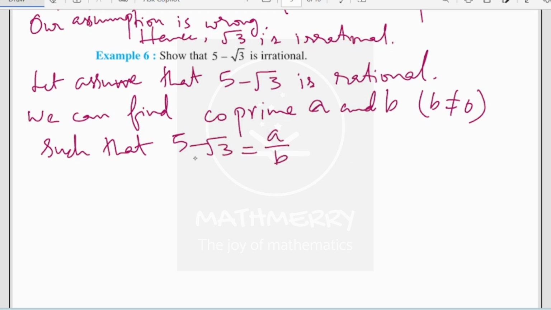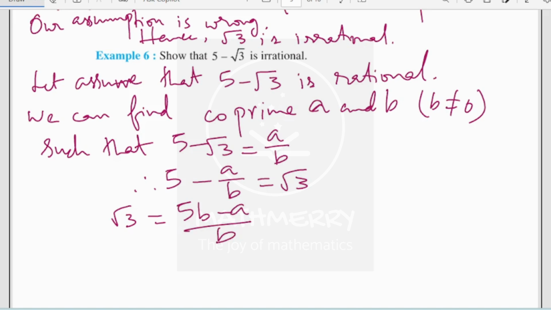So therefore 5 minus A by B is equal to root 3. We can cross multiply this and we will get (5B minus A) by B. We are getting root 3.